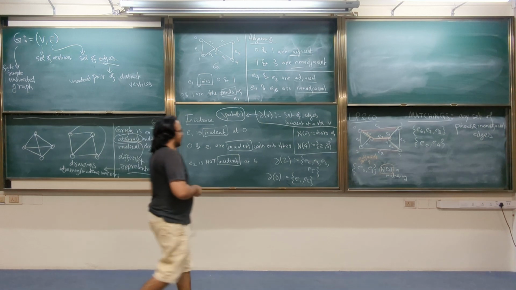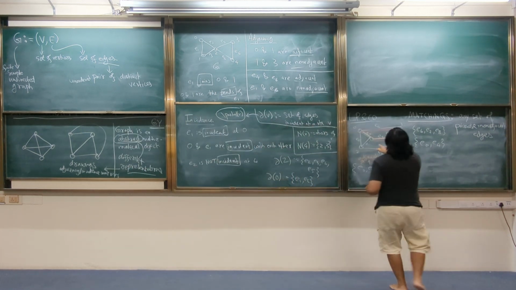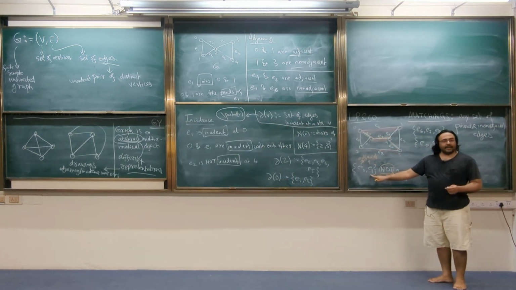So now let me ask you a question. Can I add one more edge to this set and get a non-matching? Or can I add one more edge to this set and get a matching? No matter what edge I add, it is not a matching, because already I have a pair of adjacent edges.